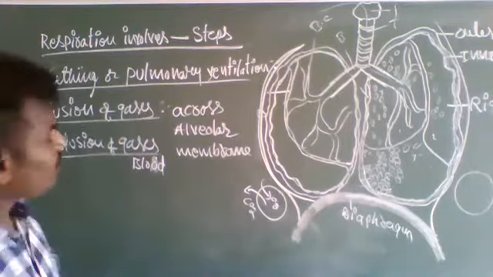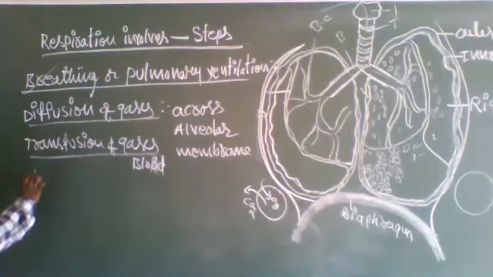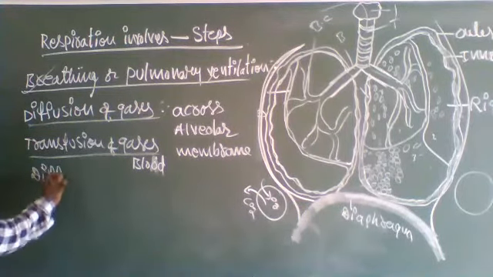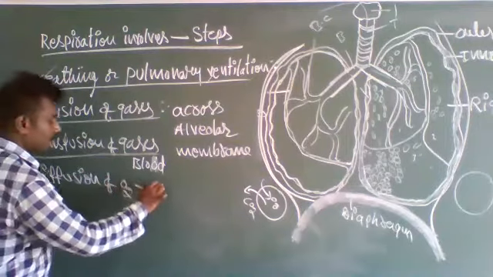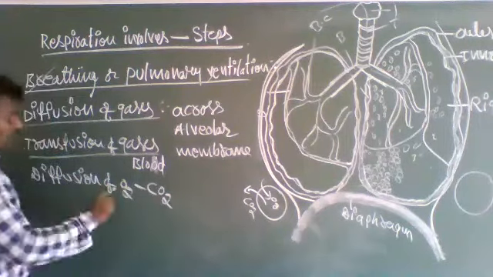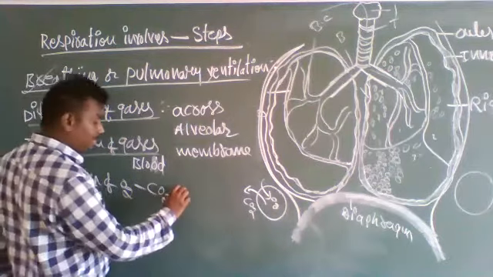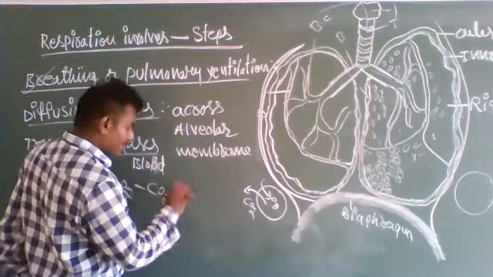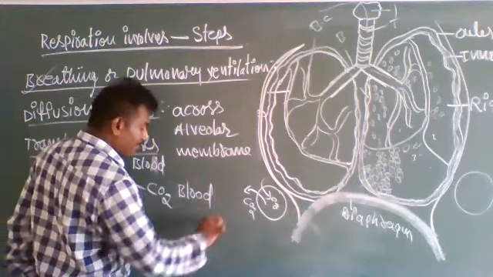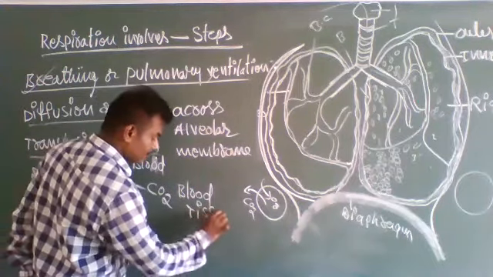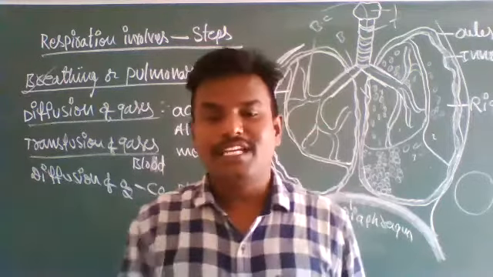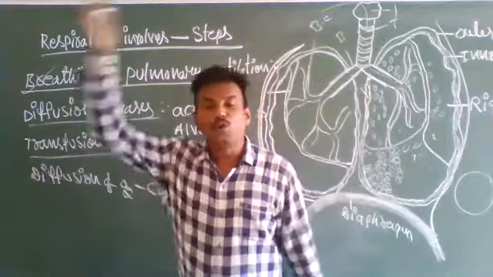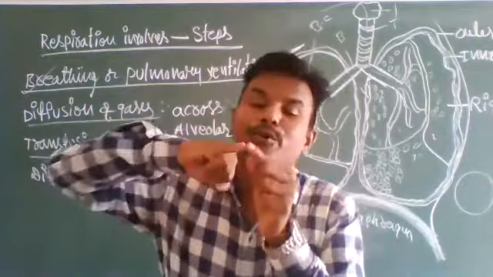Next, diffusion of oxygen and carbon dioxide occurs between blood and tissues. Oxygen enters into the blood, and the blood circulates oxygen throughout our body cells, even up to here.